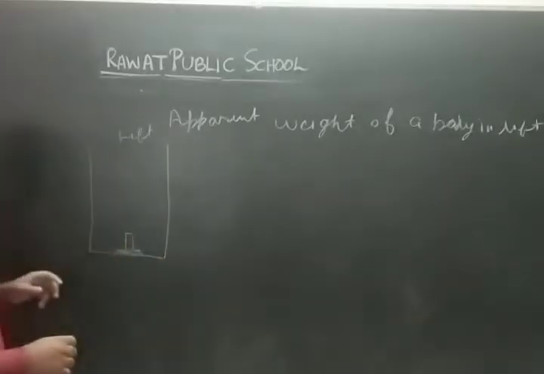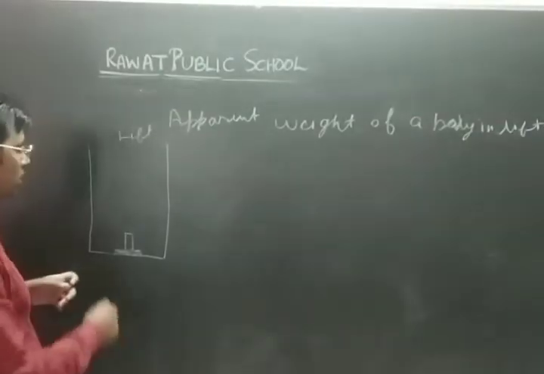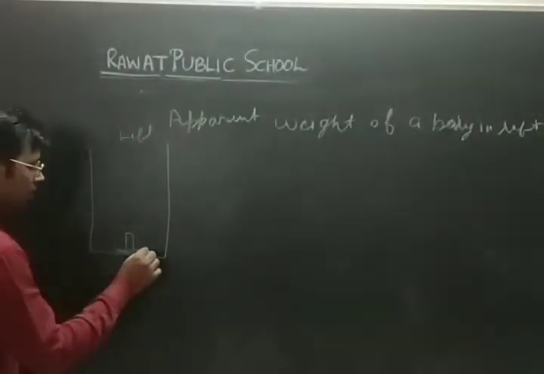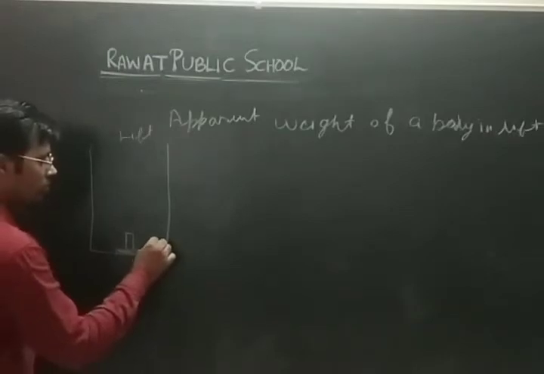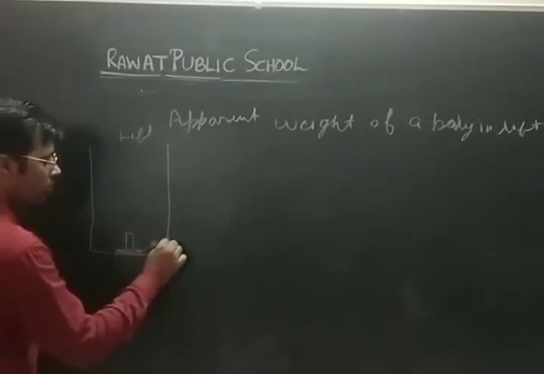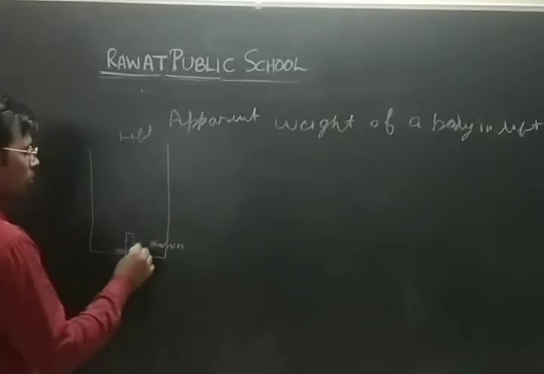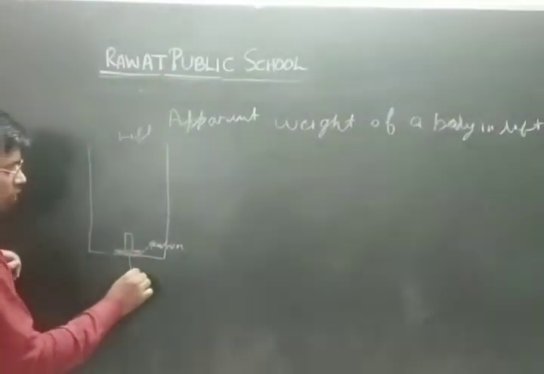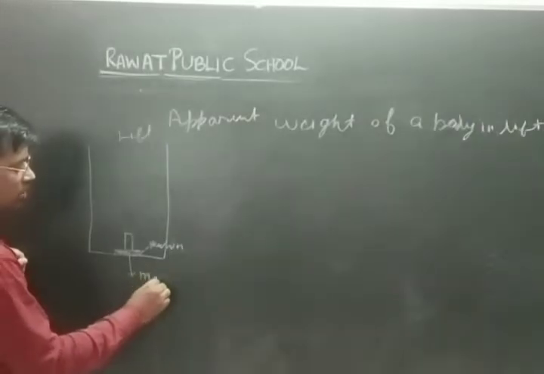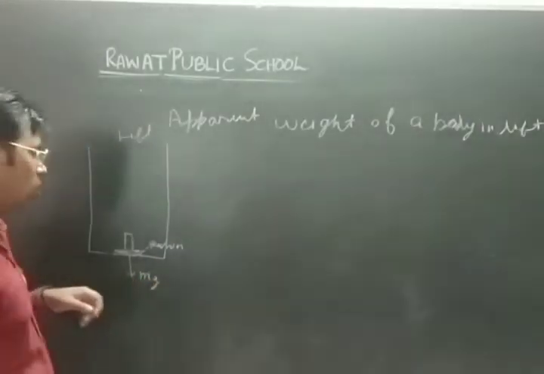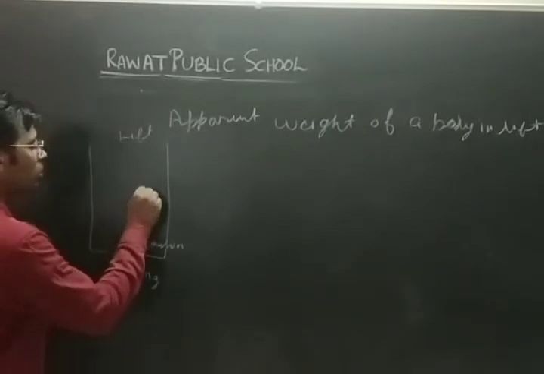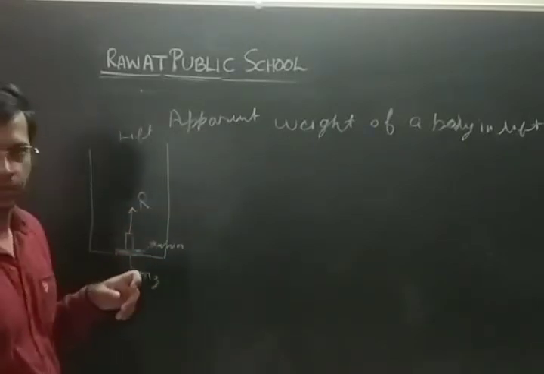So let's suppose this is a body placed over this weighing machine, which is placed in a lift. You know that the weight of the object always acts in the downward direction, and this is mg. And the normal reaction will always act in the opposite direction, that is R.